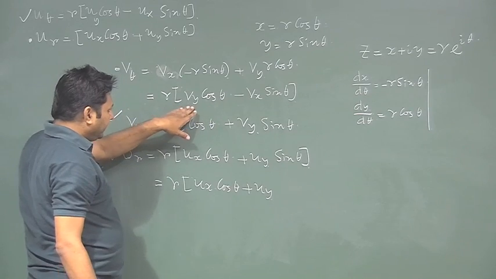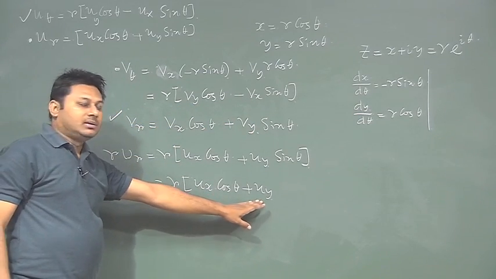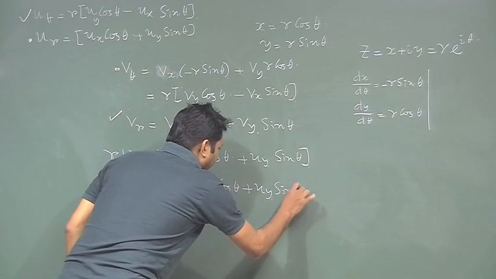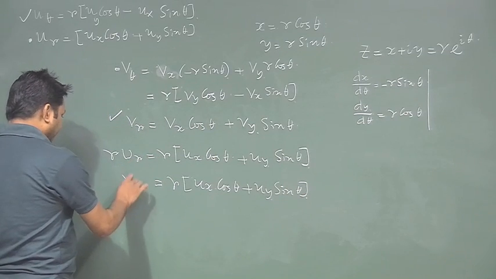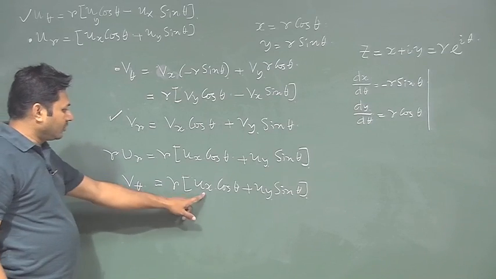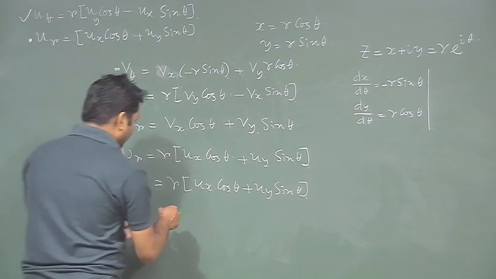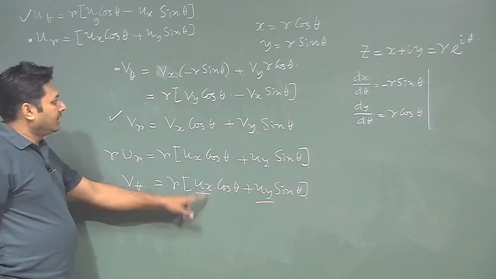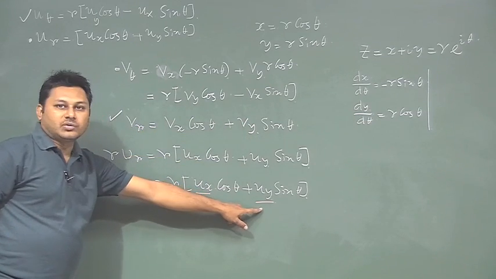So, replacing V y and V x in terms of u x and u y, if I do that, then I will find both the things are same. These things and these things are same. Mind it, this is V theta. I just replace this quantity and this quantity by using the Cauchy-Riemann equation.